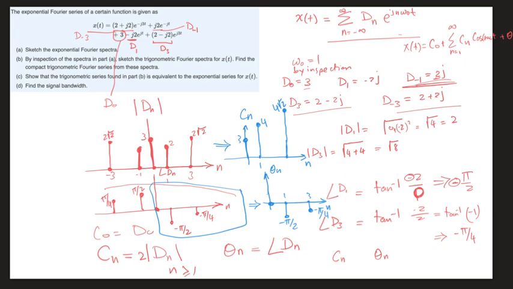Doctor? Yes. You see how in this example the exponents show exactly which Dn it is? Like it's e to the power minus 3j, then it's D minus 3. Would there ever be a problem where it's not very explicit? No, the only issue is whether you were able to figure out the fundamental frequency by looking at this.